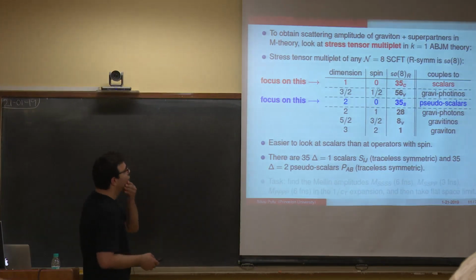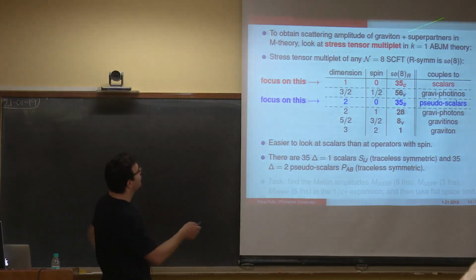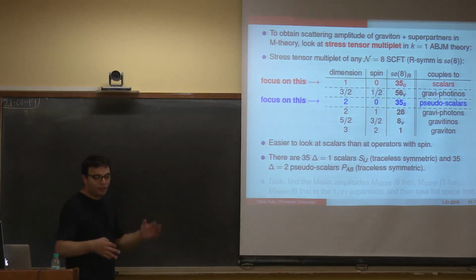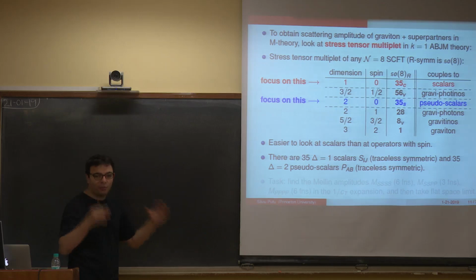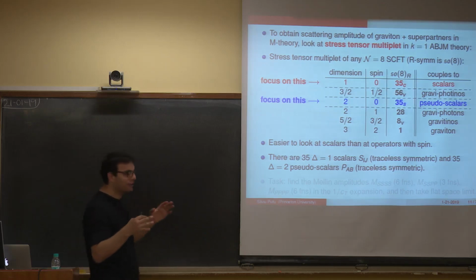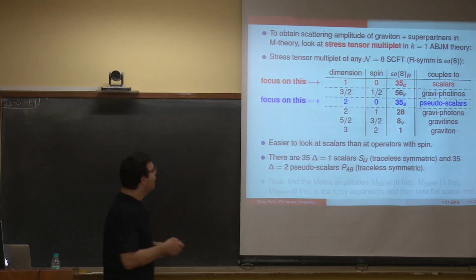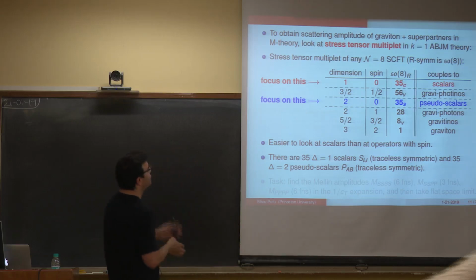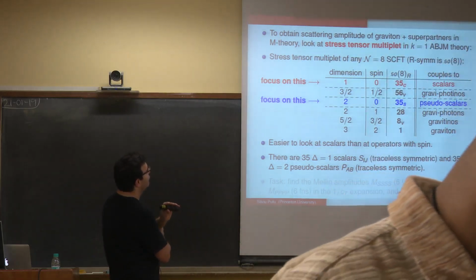Okay. So to obtain the scattering amplitudes of the gravitons and superpartners in M theory, all we have to do, given that formula, is to compute the 4-point function of operators in the stress tensor multiplet in ABJM theory. So what are the operators in the stress tensor multiplet of ABJM theory?